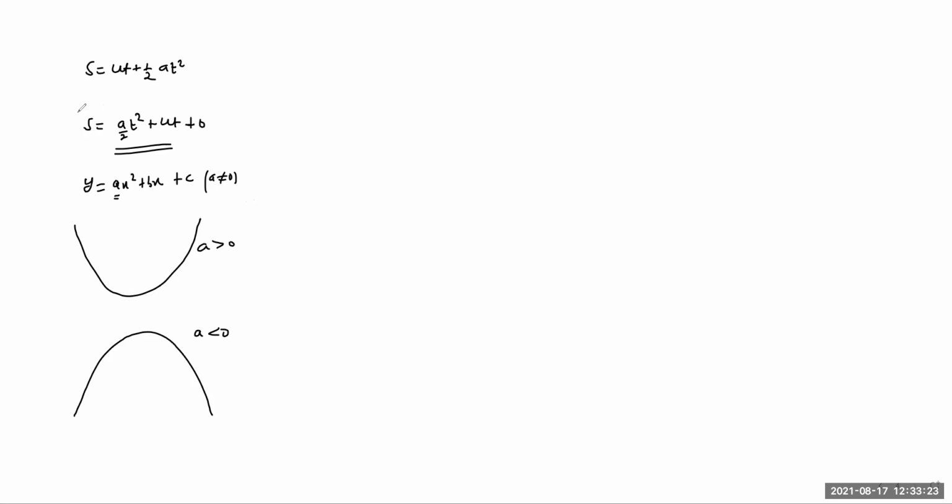So this is the quadratic property. And if you look carefully, this is also a quadratic equation in time. So instead of x, we have a variable called time. And because this is a quadratic formula, whether it is upward or downward depends on this sign. So if a is positive, the coefficient is positive, and so it is an upward parabola, and vice versa.